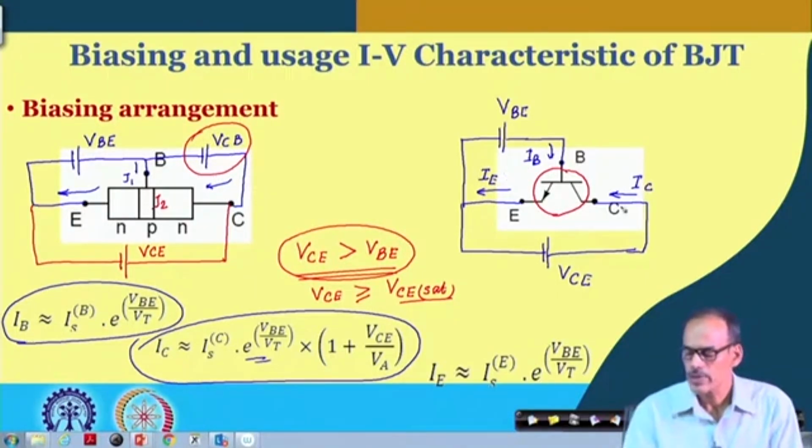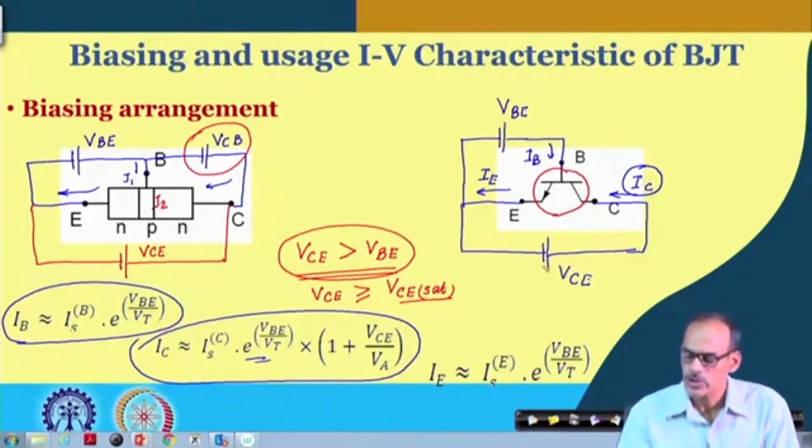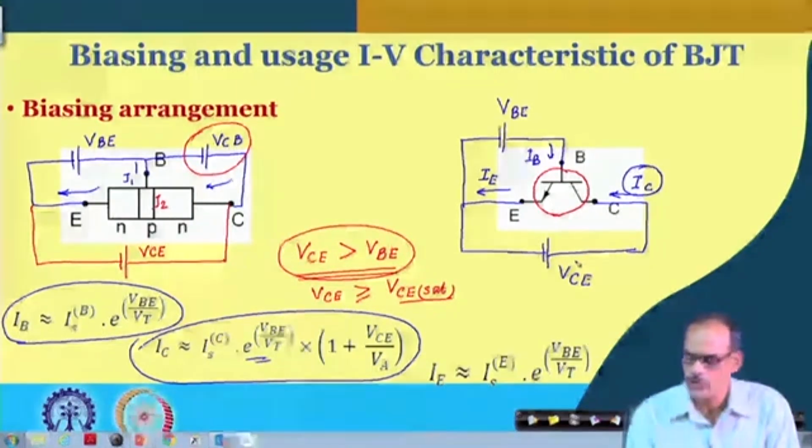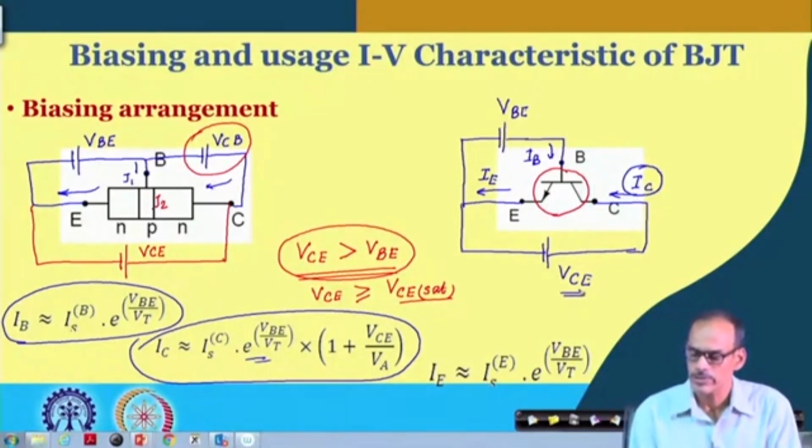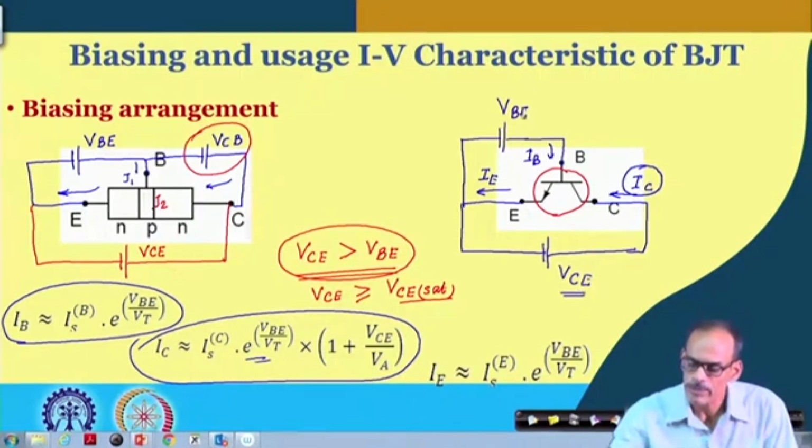And this is also the actual direction of the current flow, and the actual polarity of the positive currents of the collector, base and emitter terminals, and this is also the corresponding positive polarity of the terminal voltages.